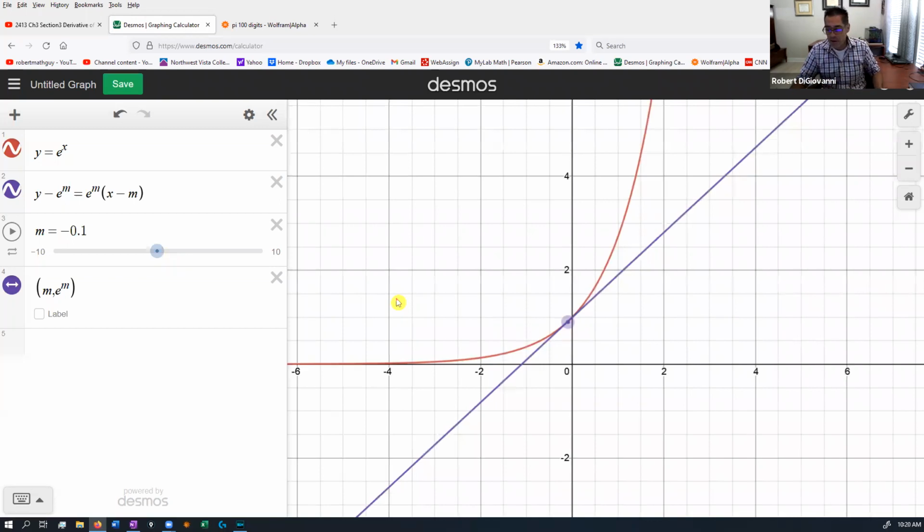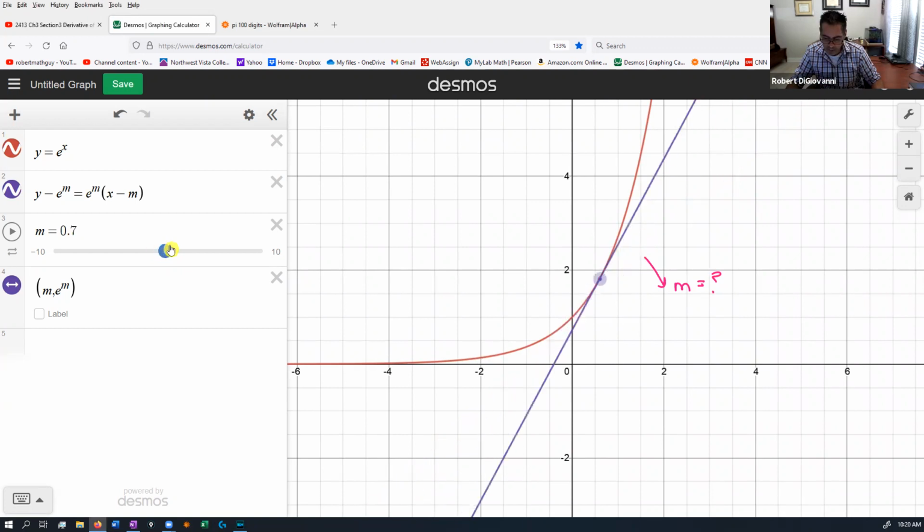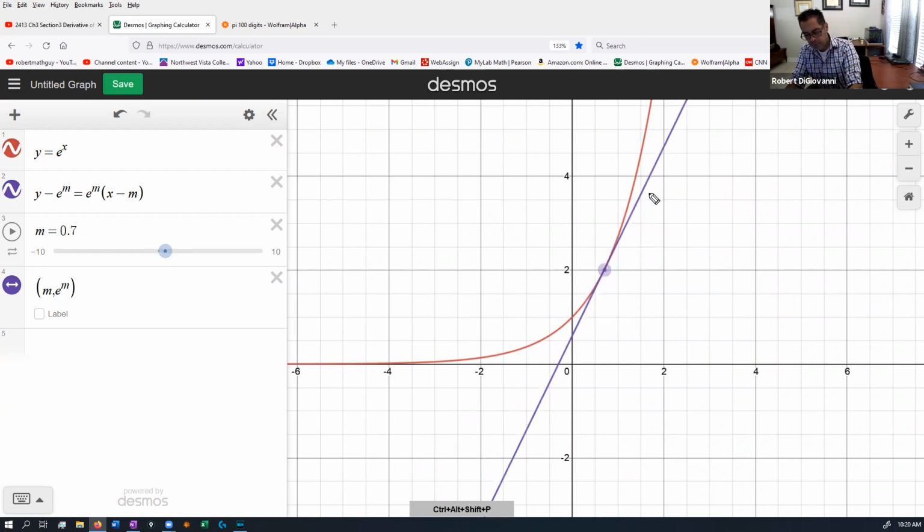So do you all agree that if this is a line, it has a slope? Let me move it over to the side. There we go. So do you all agree that this line has some slope to it? We don't know what it is, but it has a slope because all lines have slopes, right? Except vertical ones.